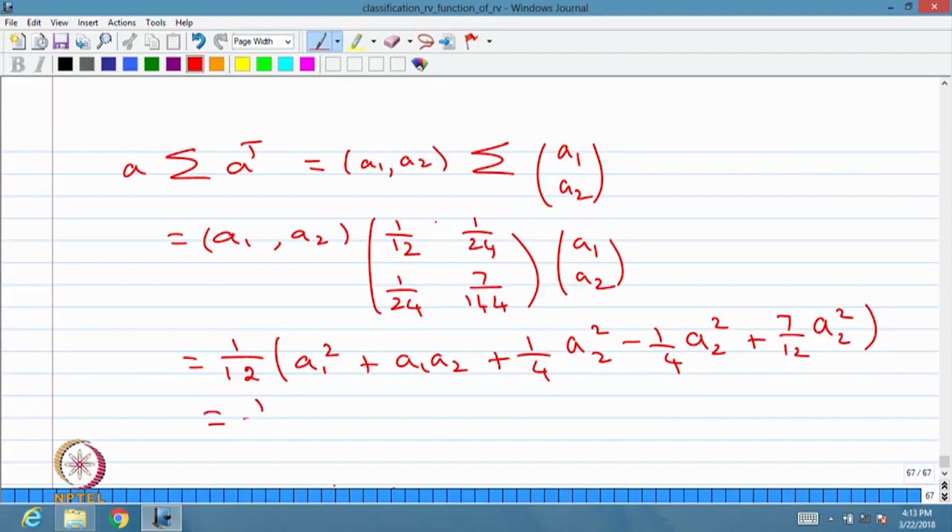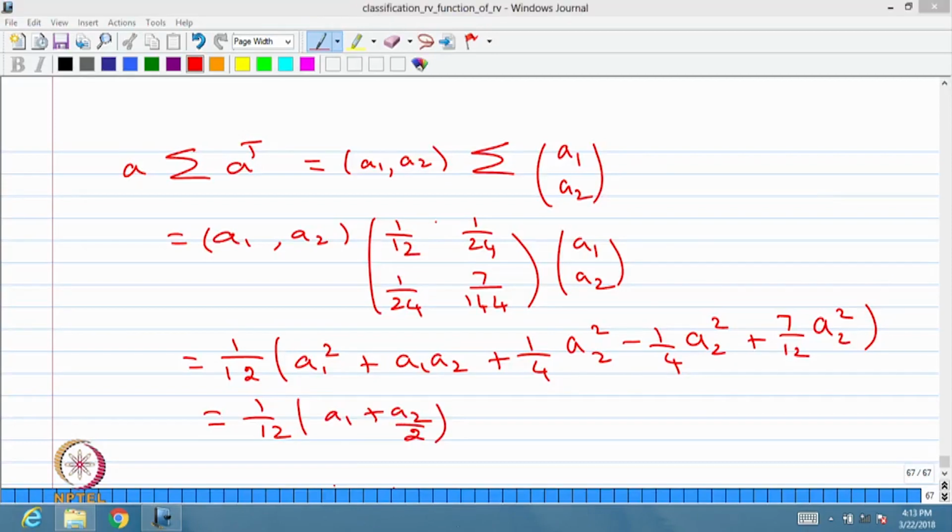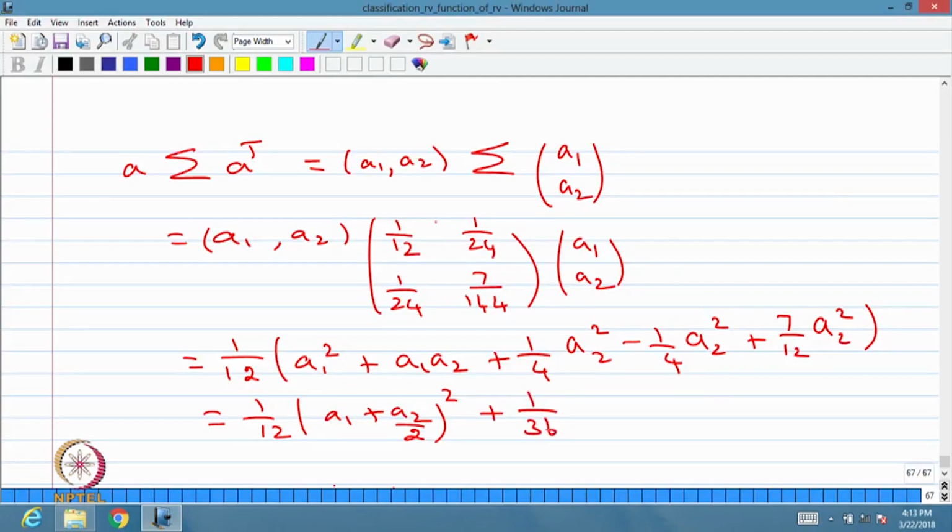This is same as 1 by 12 times A1 plus A2 divided by 2 whole square plus 1 by 36 A2 square, which is greater than or equal to 0. Therefore, we are concluding this particular covariance variance matrix is also positive semi-definite.